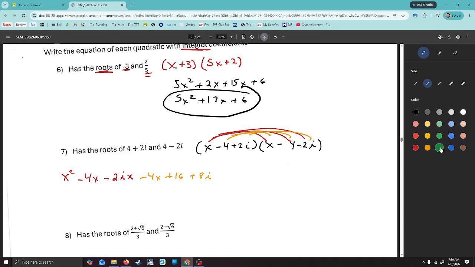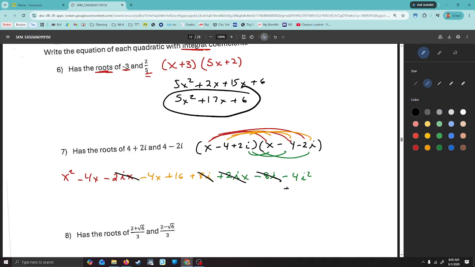And then this one. Plus 2ix, minus 8i, minus 4i squared. Now, if you do this correctly, you'll notice a lot of the things cross out. So in this case, this and this cross out. So negative 2ix, positive 2ix, positive 8i, negative 8i.